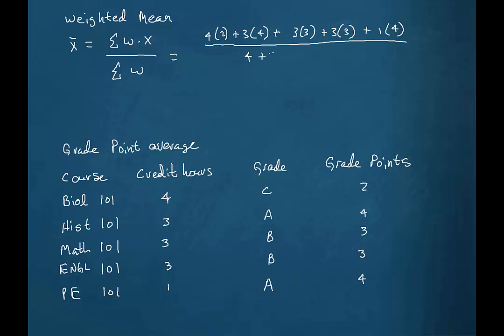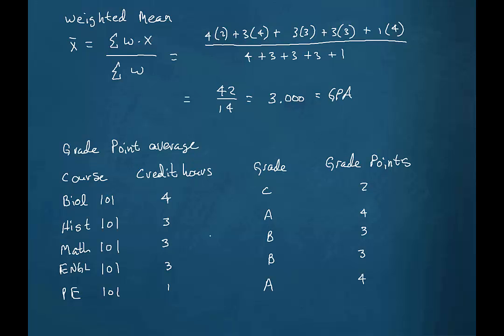So 4 plus 3 plus 3 plus 3 plus 1. This time, the sum in the numerator is going to be 42, and the denominator remains at 14. It doesn't change because the number of hours remains the same. Now this gives us a grade point average of 3, or 3.000, if we go to 3 decimal places again.